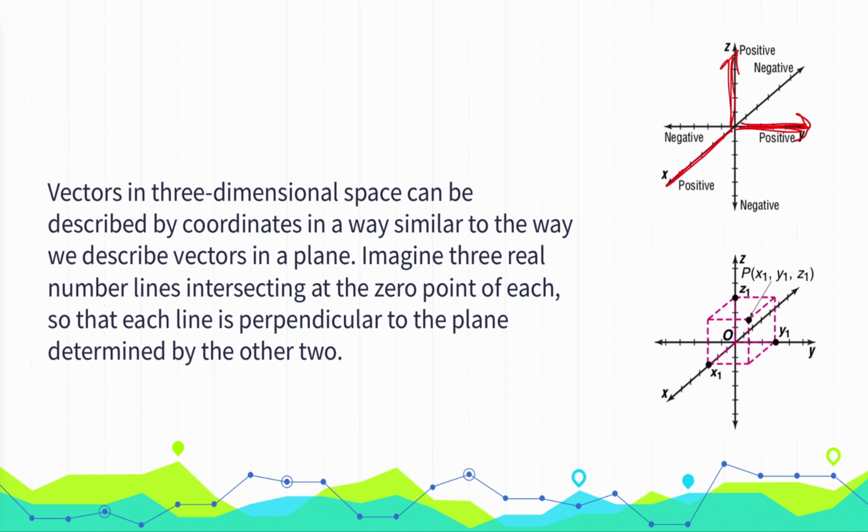So a vector in 3-dimensional space is going to have an x, a y, and a z component. You can have a point here that would be the corner of this cube. If you imagine a cube like this, you can have a point there that would be the corner of the cube.